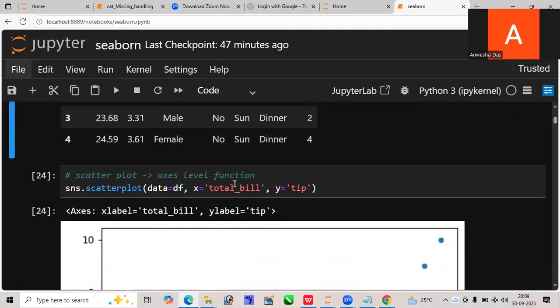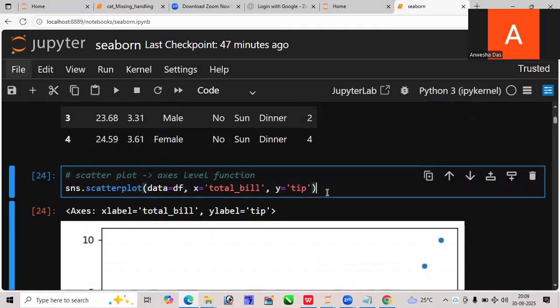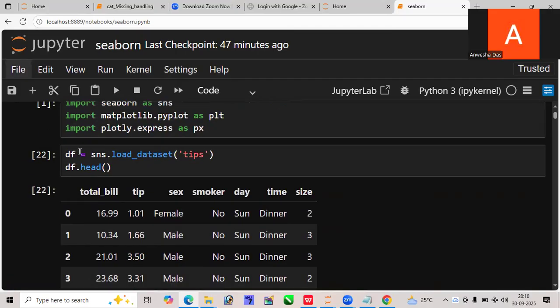After that, what I have done is I have created a plot, that is the scatter plot. This is an axis level function. Axis level function means after sns I have to mention the particular chart name. Here I want to create a scatter plot, so that's why I have mentioned scatterplot. And here I have written data equal to df, because my data is in df only.